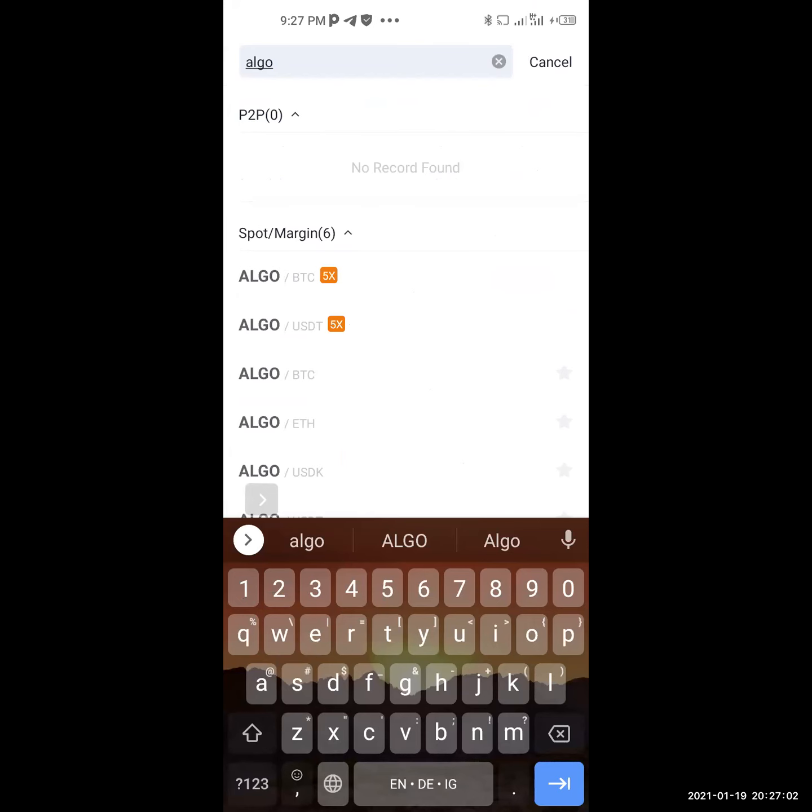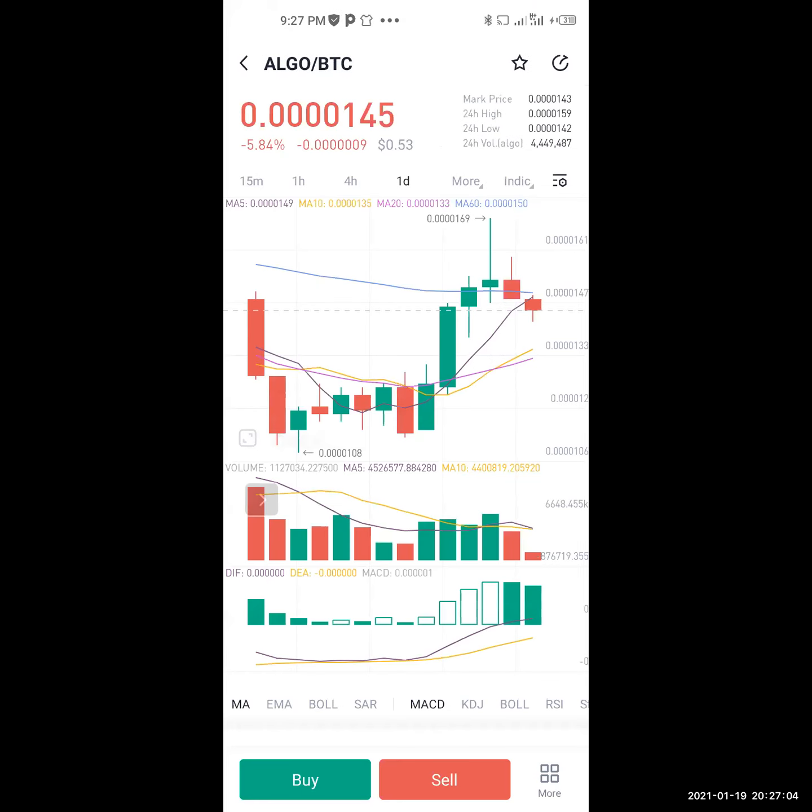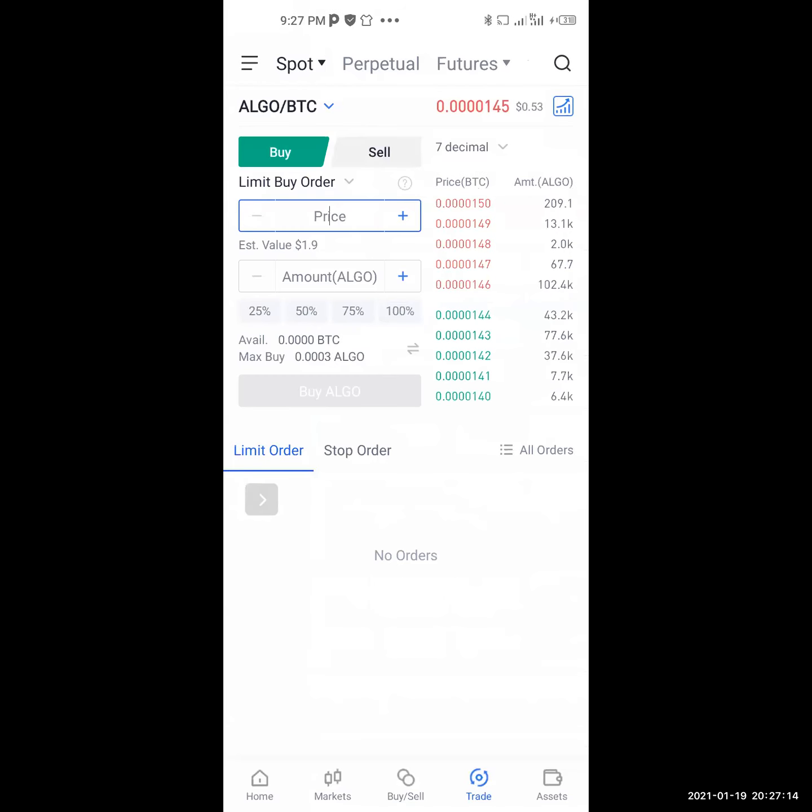So you click on buy, and this is where you check.